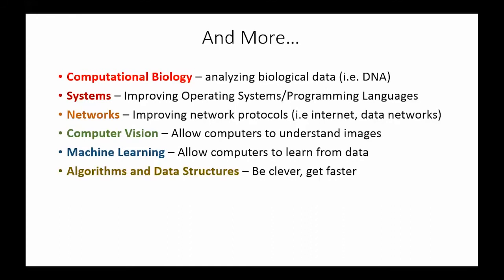Algorithms and data structures. This is something that every computer scientist will deal with at some point, but some people really like it and focus on it. This is creating clever solutions to problems that work quickly and elegantly, and maybe that store data intuitively and allow you to access that data quickly.